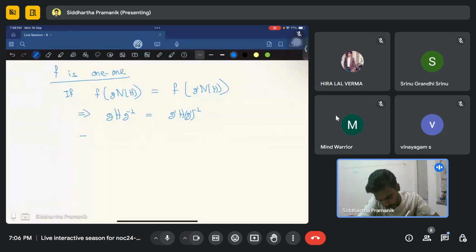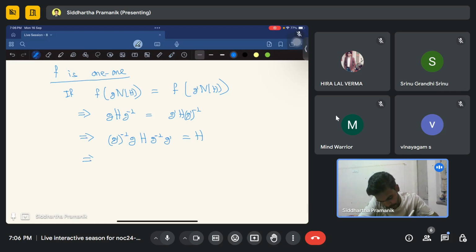And from this we can write g' inverse g h g inverse g' is equal to h. So we are just multiplying with g' inverse on the left, and g' on the right.